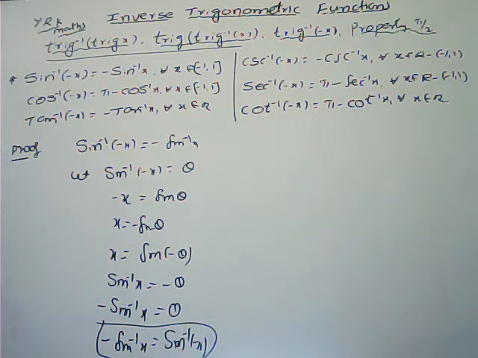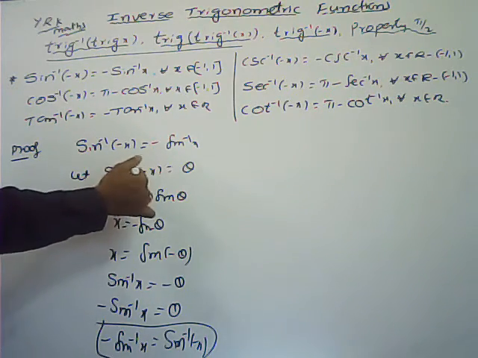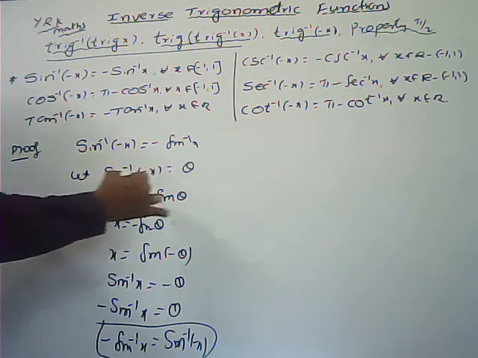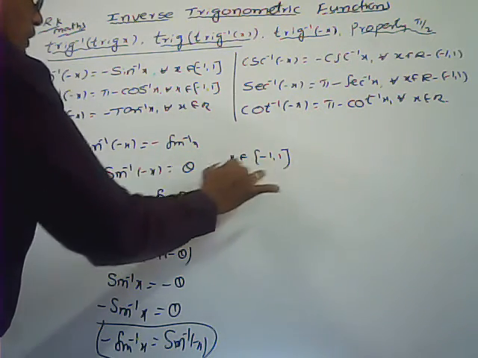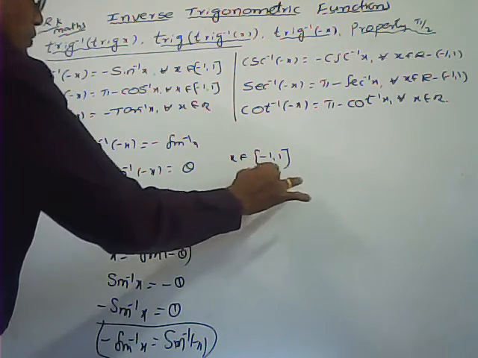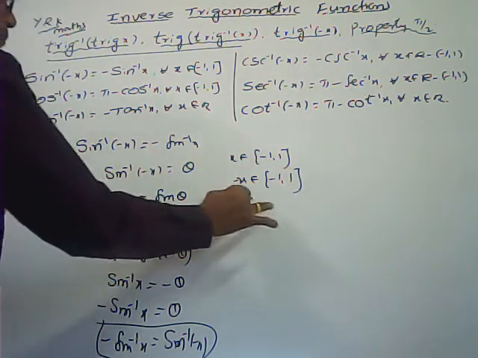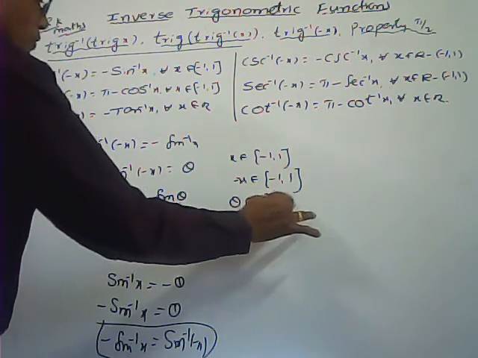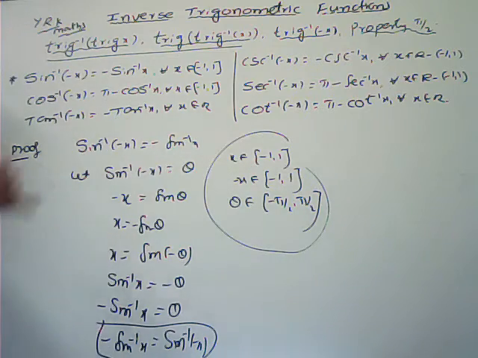Here the domain and range both should balance. If x lies between -1 and 1, at the same time minus x also lies between -1 and 1, and theta should be in [-pi/2, pi/2]. In this we can get everything.